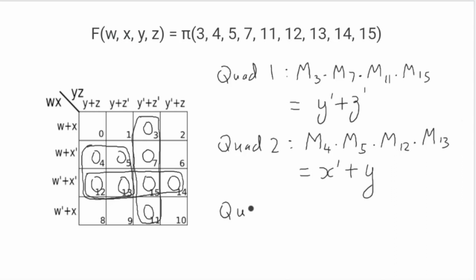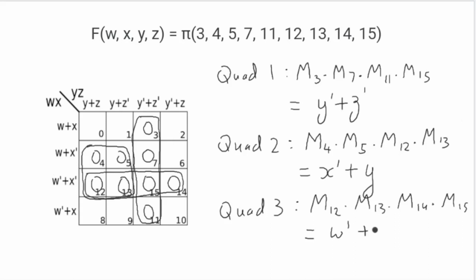Let's move on to the third quad, and third quad is identified by 12, 13, 14, 15. And here everything on the top is changing, but here what is common is w complement plus x complement.